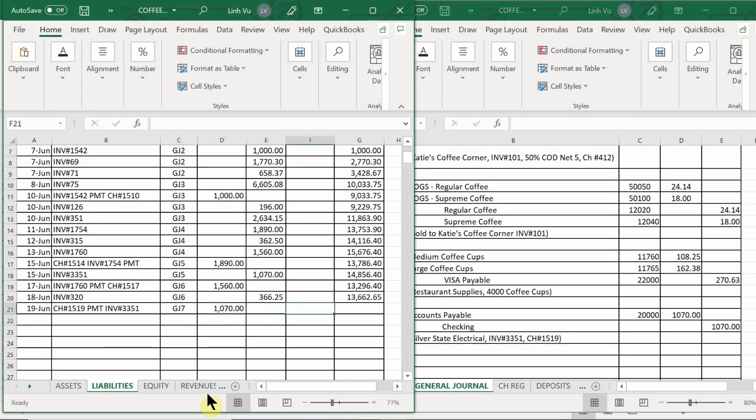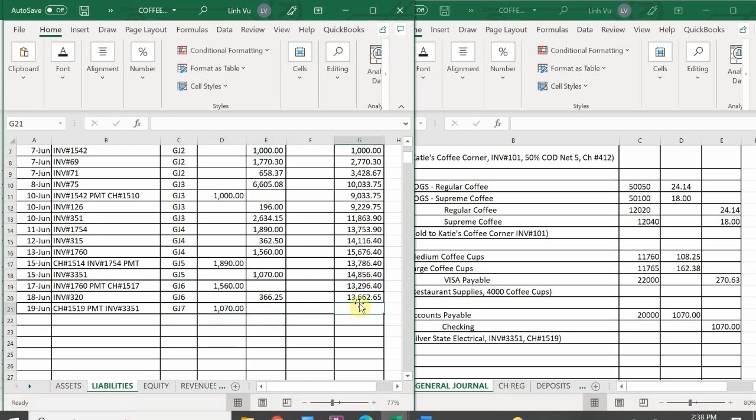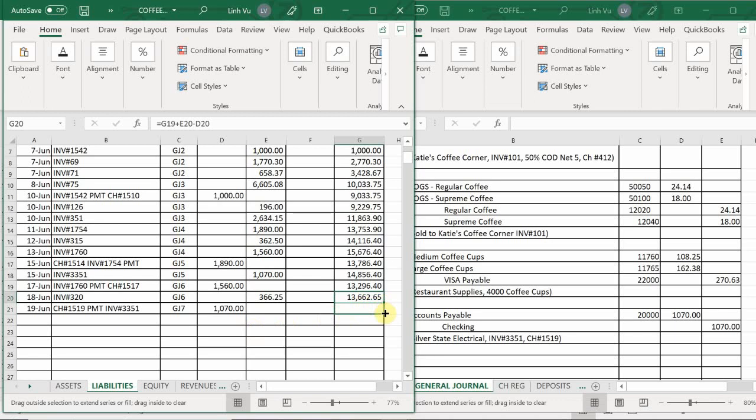So we have to reduce the amount that we have to pay. 25 minus 1,070. So we have a 12,592.65. Good, correct. Good. Okay.